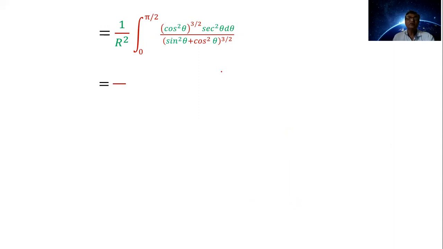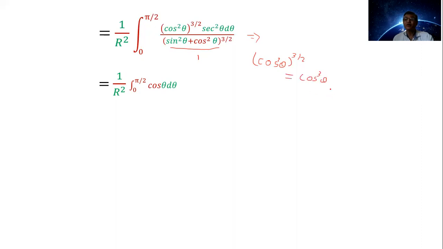Now further, if we solve this term, 1 upon r square, integration limit 0 to pi by 2. We have left cos theta d theta because sin square theta plus cos square theta is 1. And cos square theta raised to 3 by 2 gives us cos cube theta.